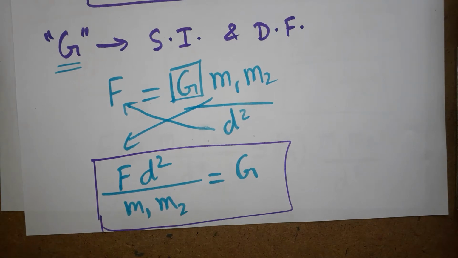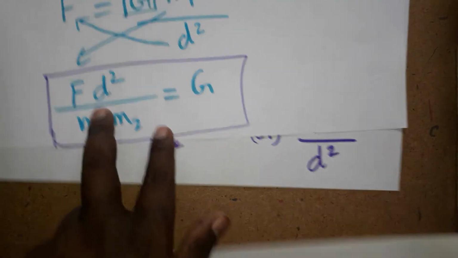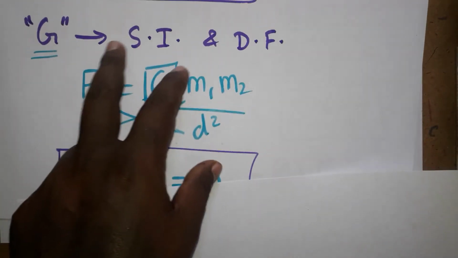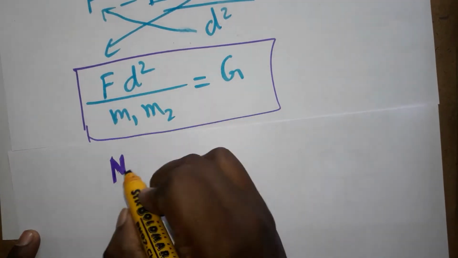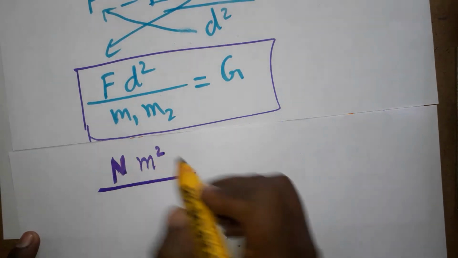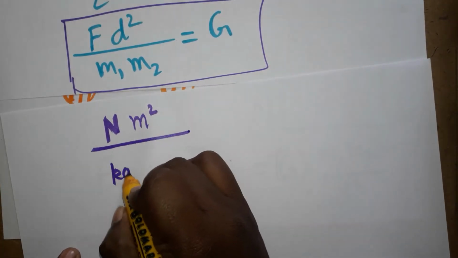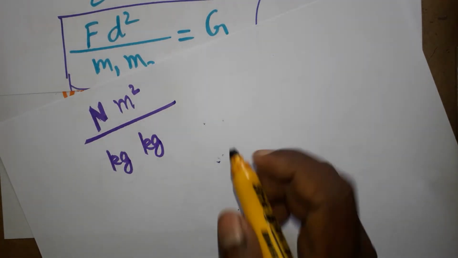Now I am going to find the SI unit and dimensional formula for the universal gravitation constant. The second topic we cover is the SI unit of capital G. The force unit is the Newton and the distance unit is the meter. Mass has the unit kg, and we have mass twice, so it is kg square.